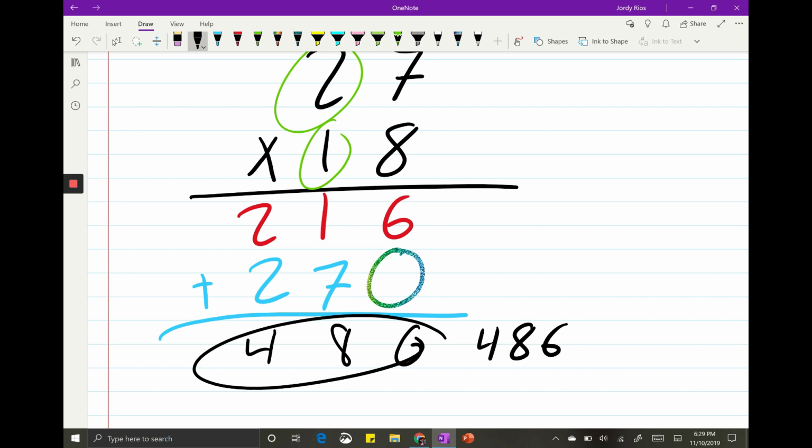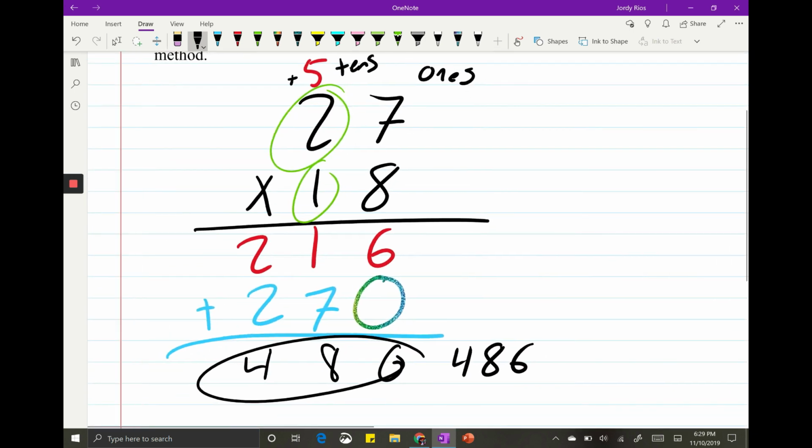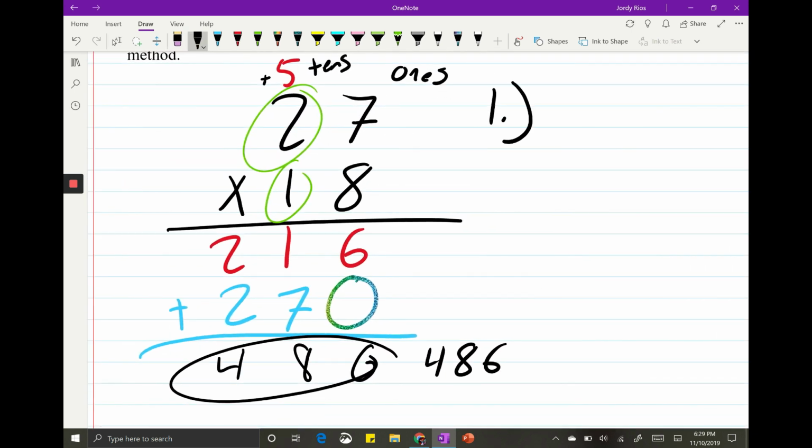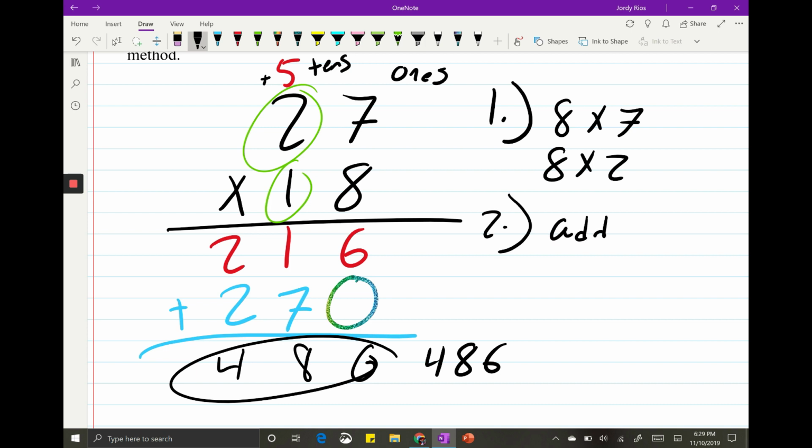486. All right, so let's review the steps, okay? Step 1, we're going to multiply 8 times 7 and then 8 times 2, okay? Step 2 is add the 0, okay? So we did that right here.